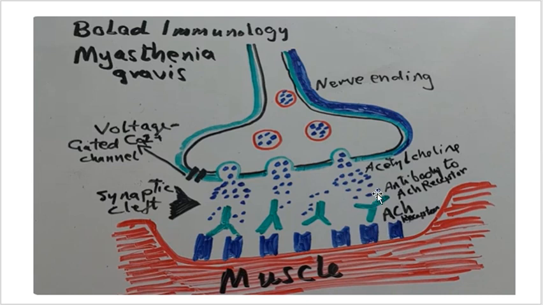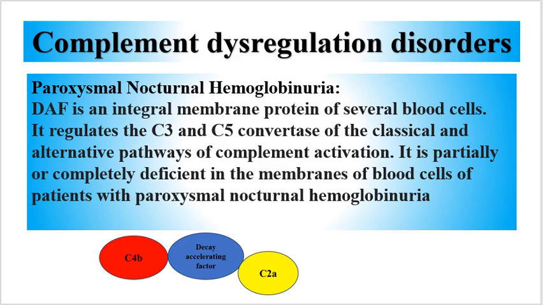But these antibodies don't stay here for long. However, in long-standing disorder, some of them may stay and may lead to activation of the complement with severe inflammation, and maybe will lead to fibrosis.